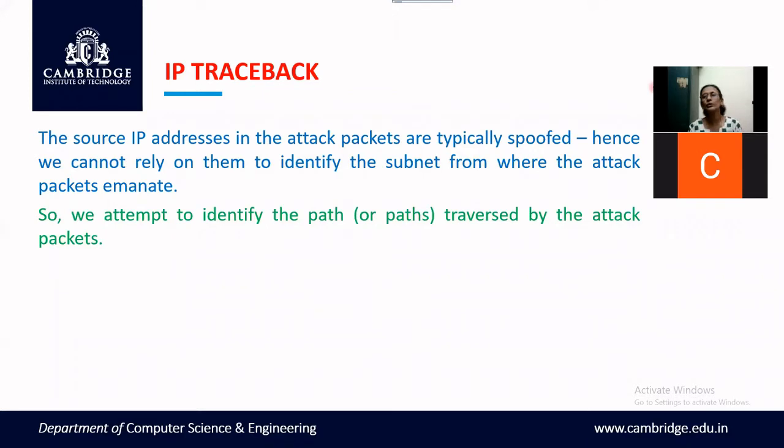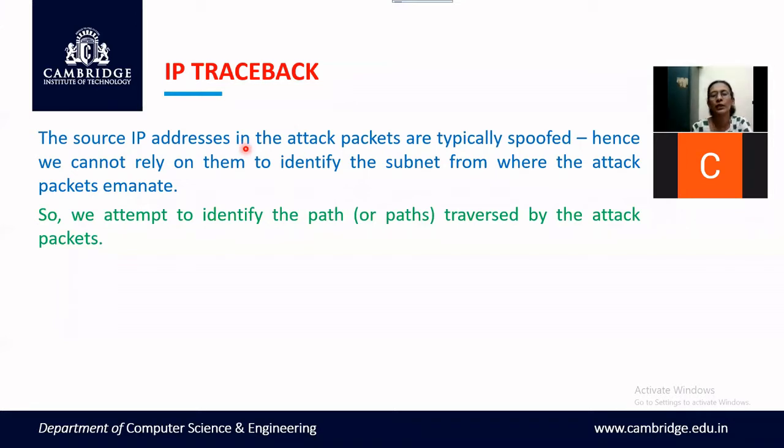He is going to send only some spoofed IP addresses, that is, he is going to make up some addresses and use them to create this attack. So we cannot rely on the IP addresses in the packets as source IP addresses. We have to find out some other means.